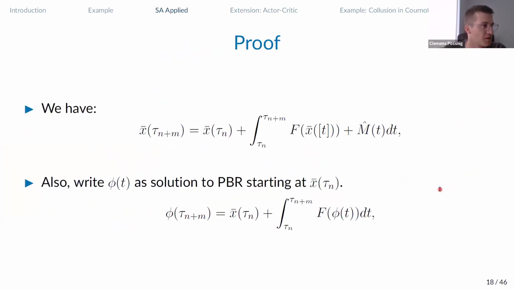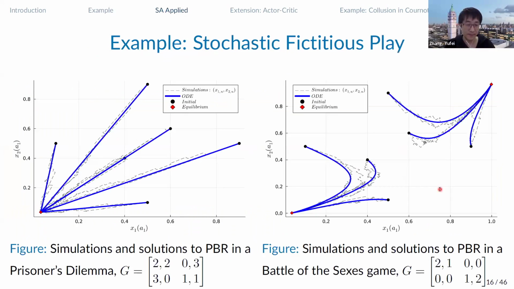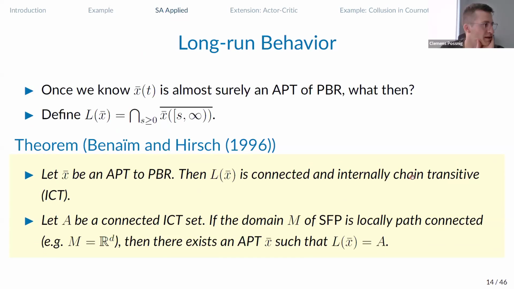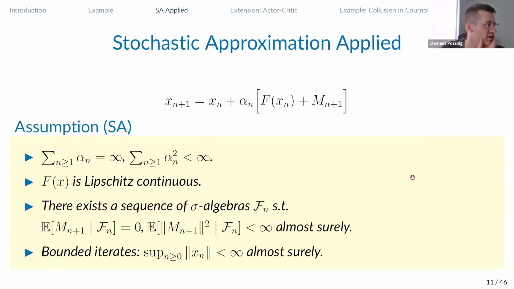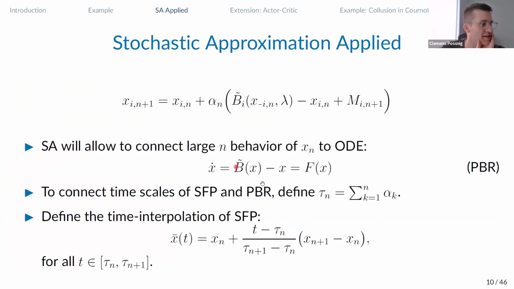So lambda, you can think of it like this: the larger lambda is, the closer you are to standard best response dynamics. The equilibria I showed you here are equilibria of the ODE, perturbed best response dynamics. These are not actually Nash equilibria of the game where players choose true best responses, but Nash equilibria of the game where players have to choose these stochastic best responses.